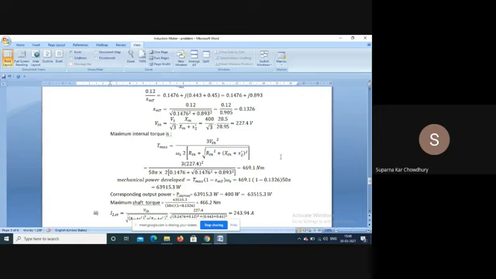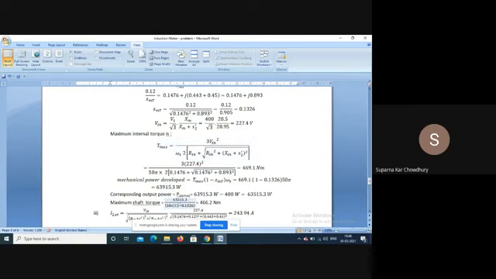So this is the power developed. Correspondingly, the output power will be this mechanical power developed minus the fixed losses. So this is 63515.3 watt. So maximum shaft torque will be maximum output power divided by the speed in radian per second.